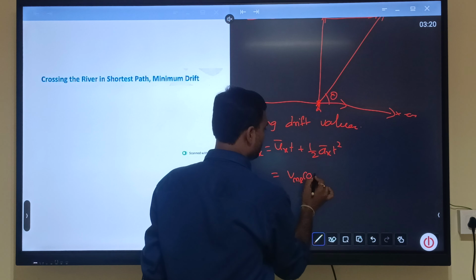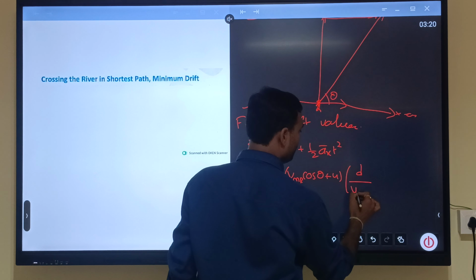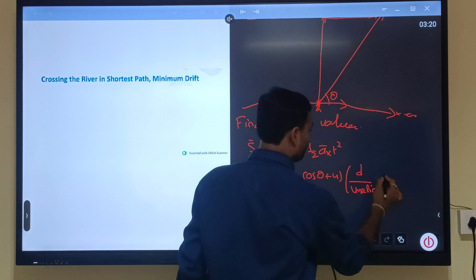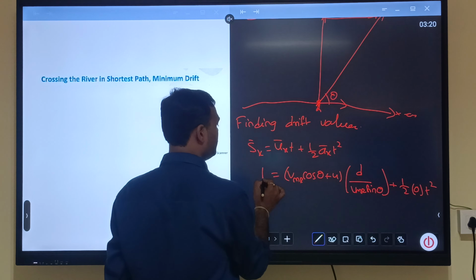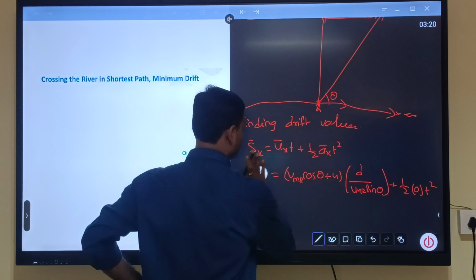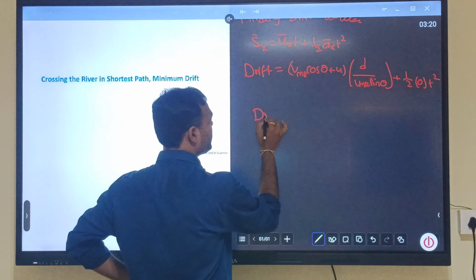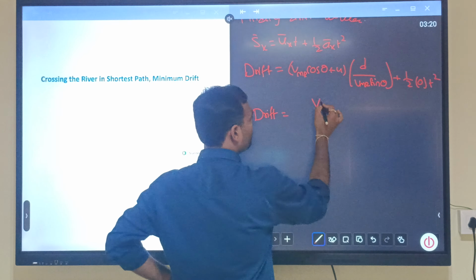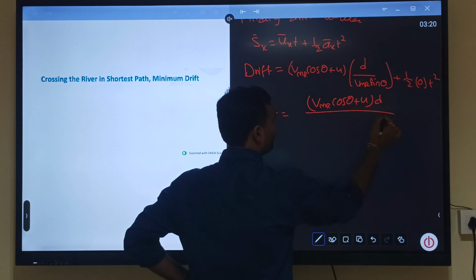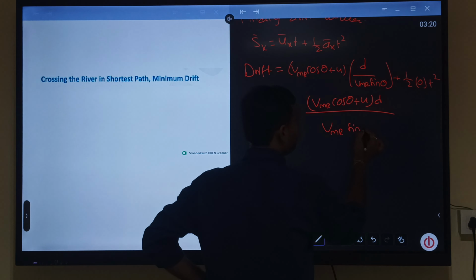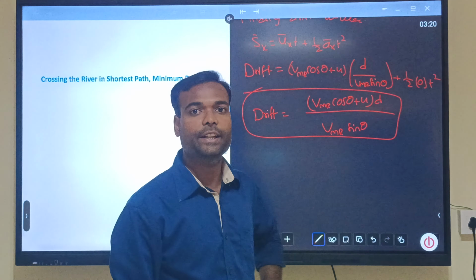Vmr cos theta plus u, into time, is equals to d by Vmr sin theta, plus half 0 t square. This is Sx. Sx means drift. So here the drift value becomes (Vmr cos theta plus u) times d by Vmr sin theta. Right? This is originally the drift value.